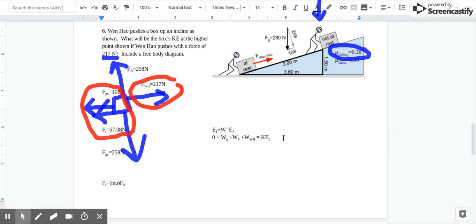So now let's get to calculating. So the work of gravity, well, first of all, this is going up the ramp, and gravity and friction are pointing down the ramp. So they're both doing negative work.